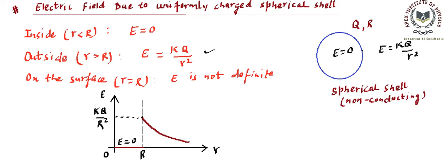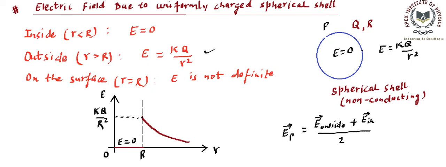However, sometimes it might be asked that there is a small opening on the surface, and at that opening there exists a point P, and you might be asked to find the field at this point P. Now, at this small opening where the material is not existing, the field at point P is going to be the field just outside plus the field just inside, divided by 2.